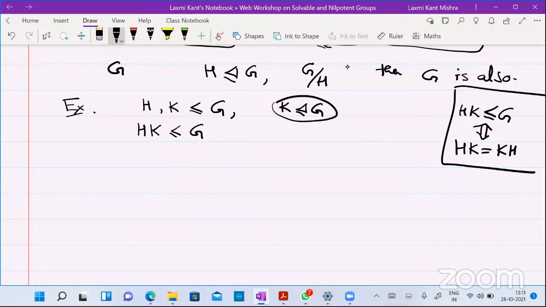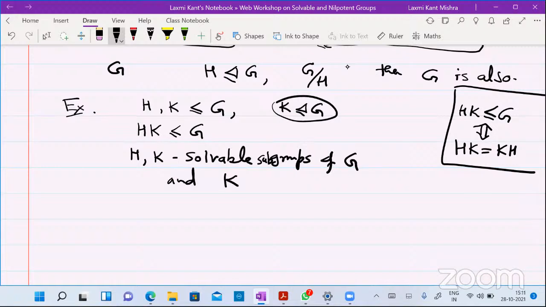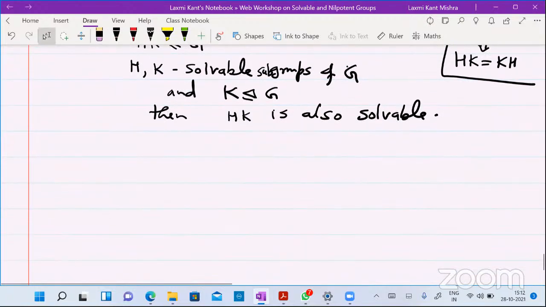Okay, so we are going to show that if H and K both are soluble subgroups of G, and K is normal in G, then HK is also soluble. This is very simple.